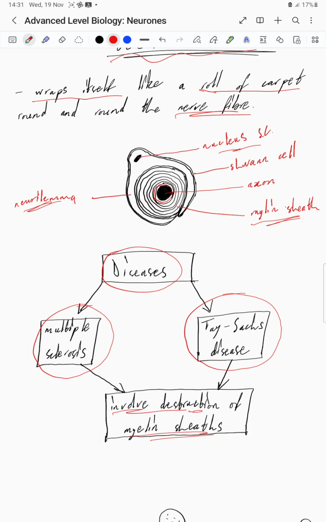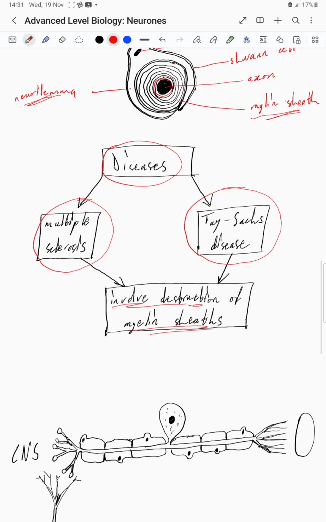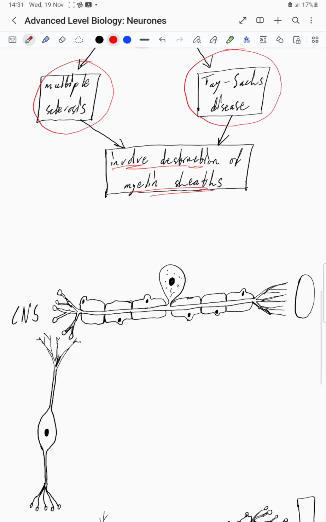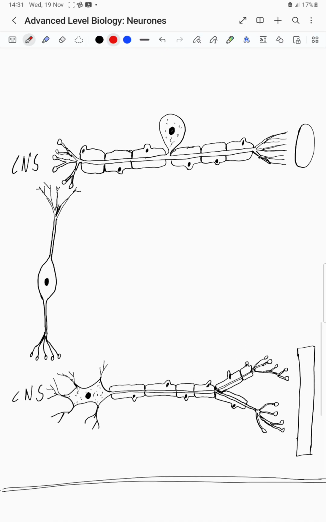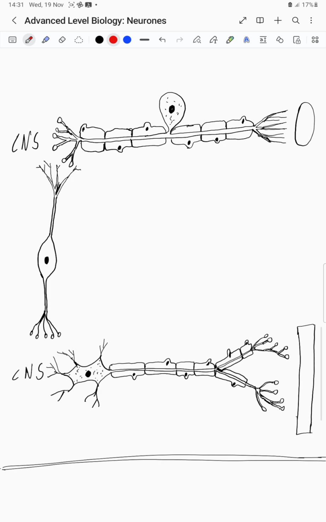Basically, you can say the Schwann cells are very important in some of the neurons. Now, we have talked about the myelinated and the non-myelinated. As you can see from this diagram of the neuron, these are myelinated, and this one is not myelinated.